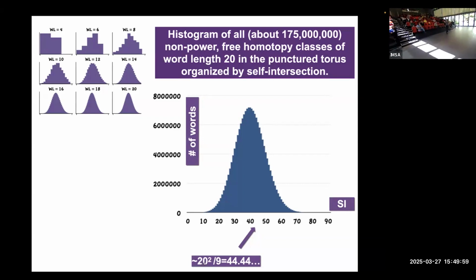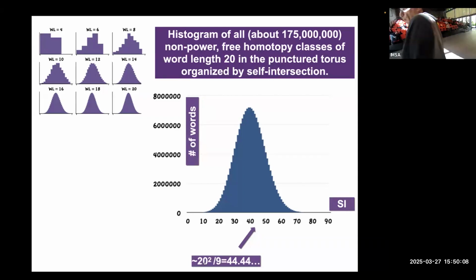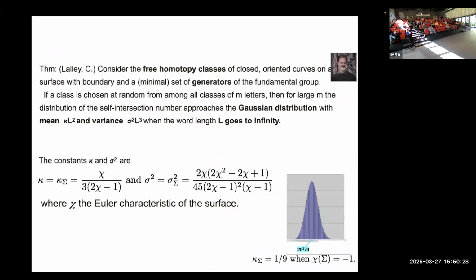So I spoke to him, and I said, the distribution of the number of curves by intersection, when you sample by word length, goes to a Gaussian when you take the word length to infinity. So he answered, I don't think so. So I sent him this picture, and he answered, let's prove it. So we did prove it.